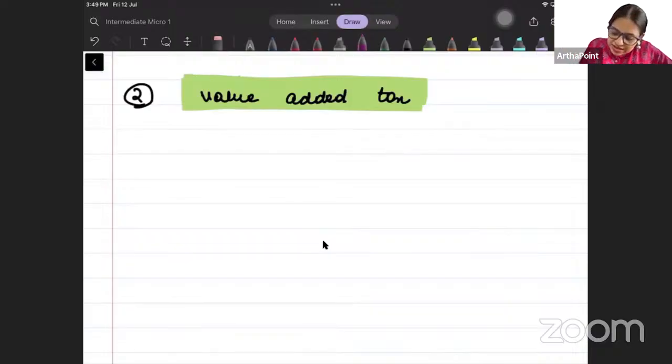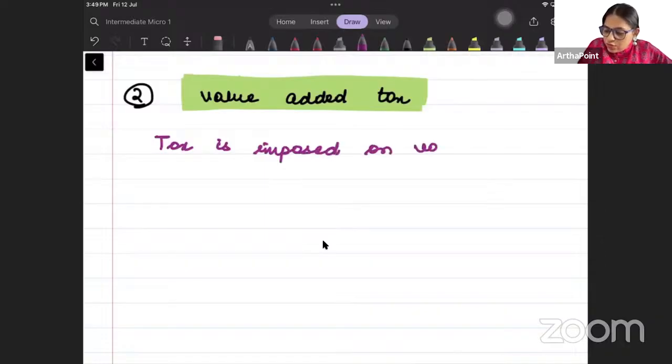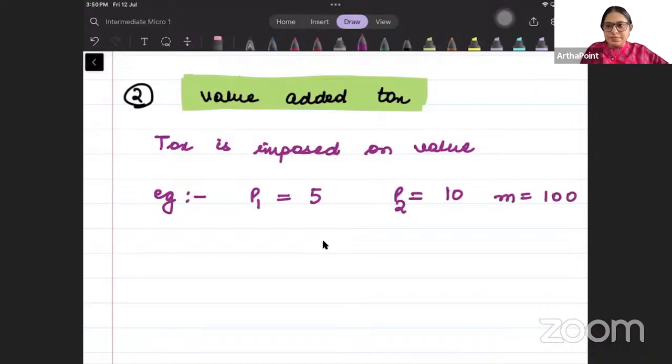Rather, I am putting a tax on the value. So this tax is imposed on value. For example, beta, if I tell you price of good 1 is 5 rupees, price of good 2 is 10 rupees, income of consumer is 100. Okay.